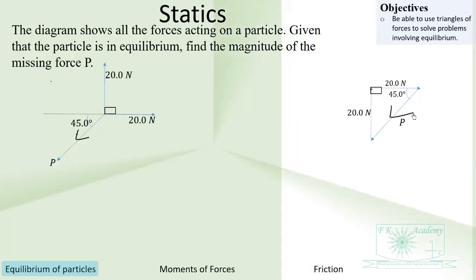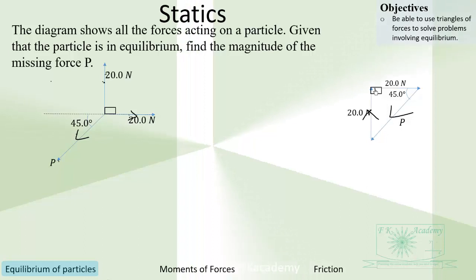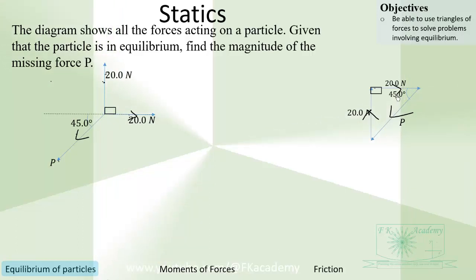Then we place the tail of this force at the tip of this. That's what you can see here. Then we complete it with this, placing the tail of this at the tip of this. That is what we see here. So we can see that all the forces are following one another, and that will give the resultant to be equal to 0, which means the particle is in equilibrium.